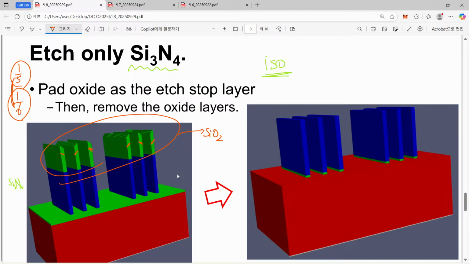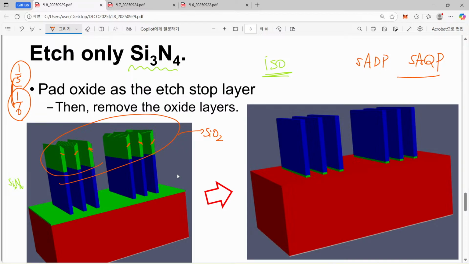So let me just summarize what we have done up to now. In the previous lecture, we introduced so-called self-aligned double patterning as a simplified form of self-aligned quadruple patterning. In reality, we have to do self-aligned double patterning twice.